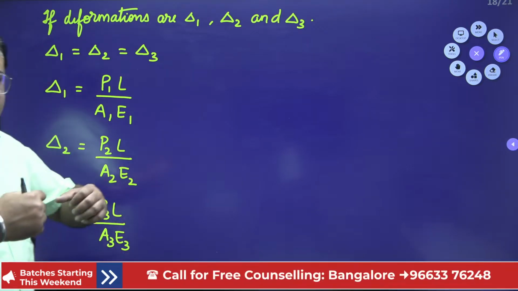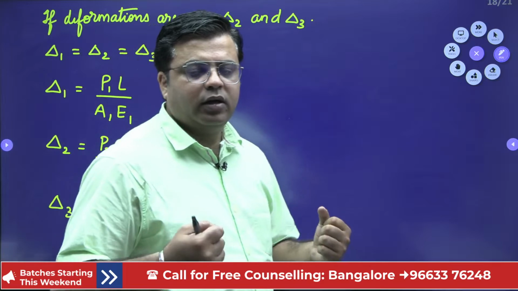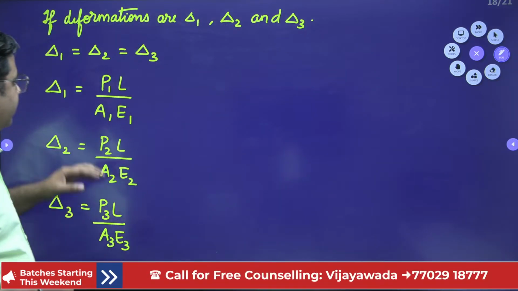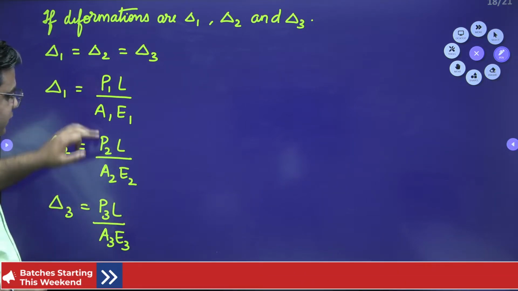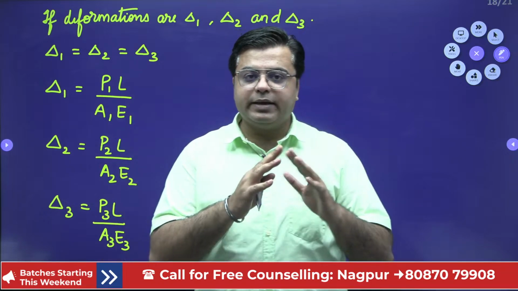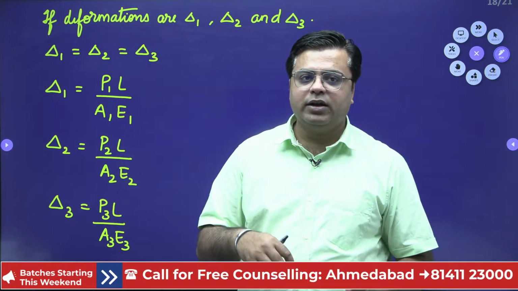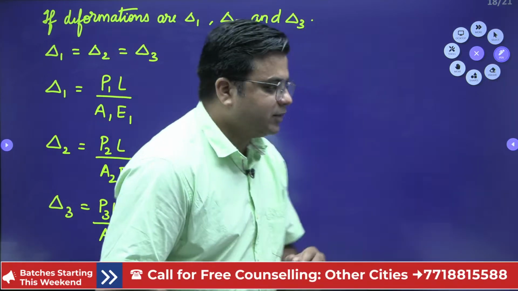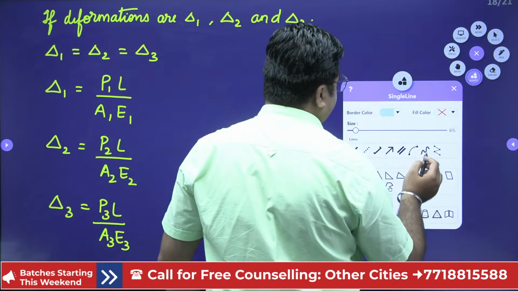Total load is 500 kilonewton, but the individual loads of the members will be different. Now the thing is, we need to calculate this individual load. So either you make the equation, solve the equation and get confused, or directly use the short trick that we have just seen, right? So we were going to see this trick.